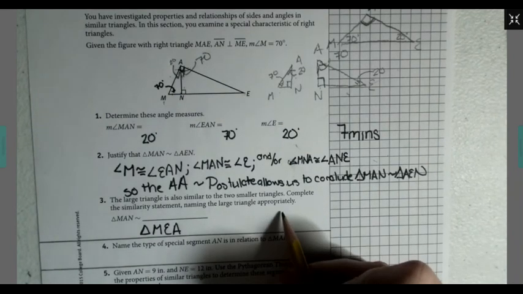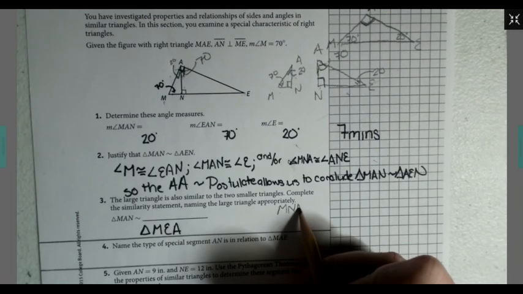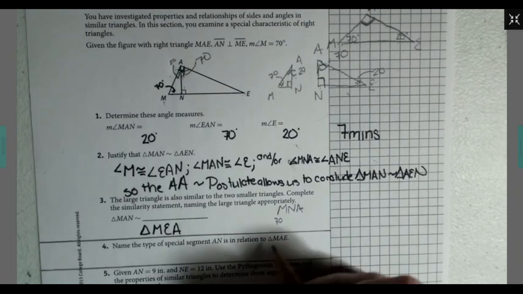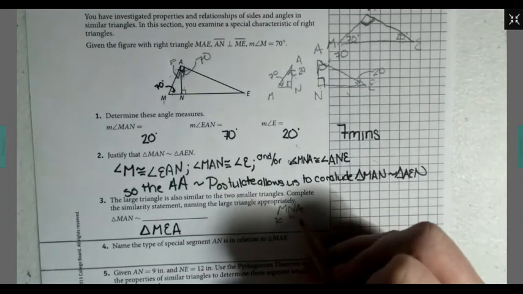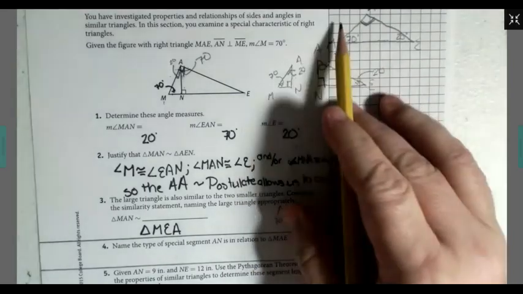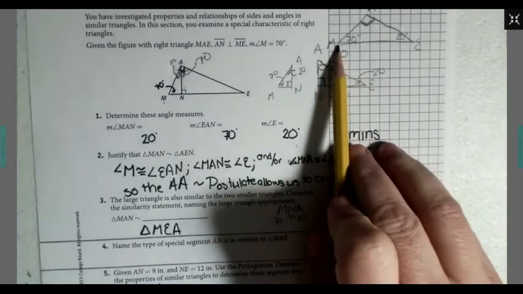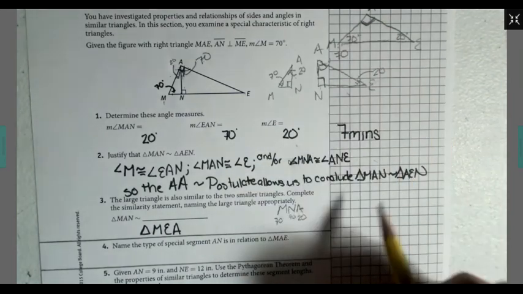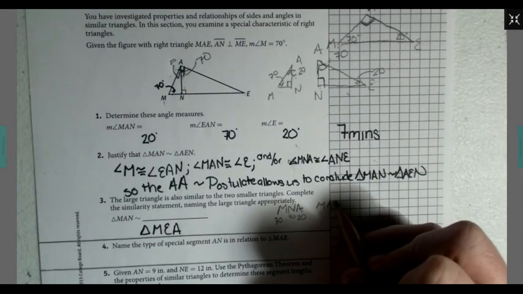For instance, if we chose to write it as MNA, remember that M was the 70 in that triangle, N is the 90, and A was the 20. So whenever I go to write this one, I would have to go from the 70 degree angle to the 90 degree angle to the 20 degree angle. So if I wanted to write it that way, we would write it MAE.